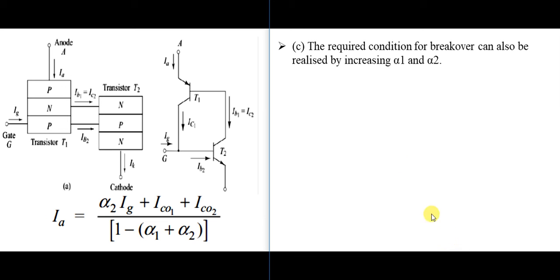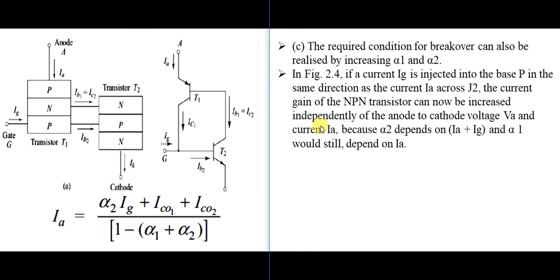Third condition is that if we increase the value of the current gains alpha 1 and alpha 2, then also the SCR can be turned on.